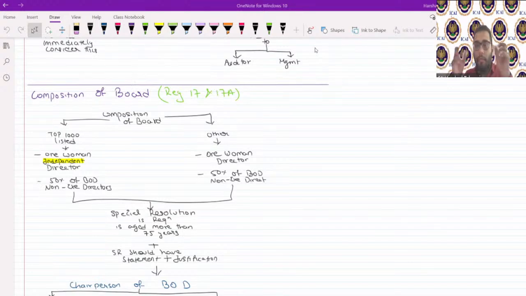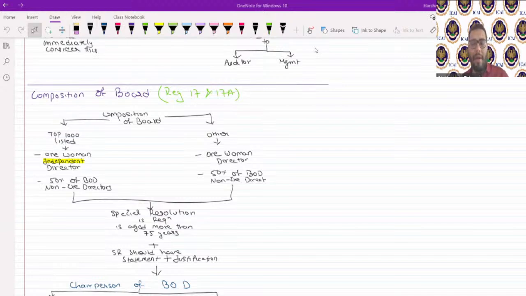Governance means whatever activities, whatever managing of affairs, either composition of board or activities performed by the board, composition of audit committee, activities and roles and responsibilities of the audit committee, whatever governance activities or things related to governance in a corporate should be in the interest of stakeholders. That's corporate governance.